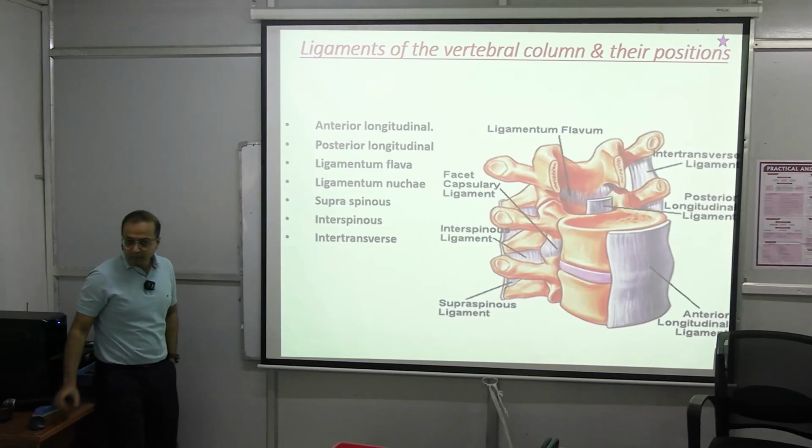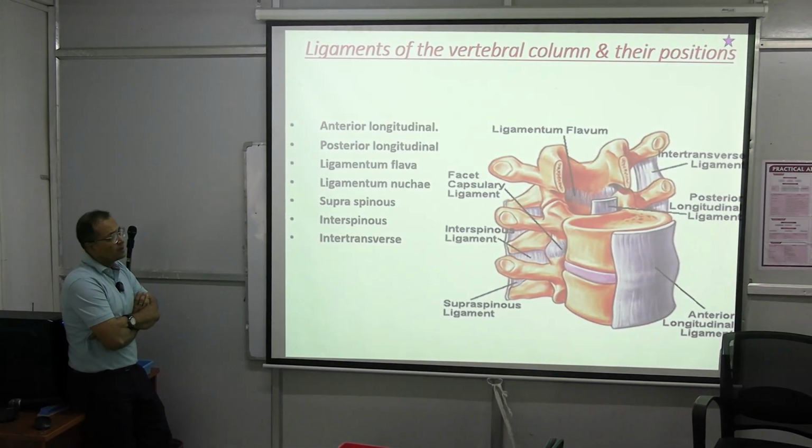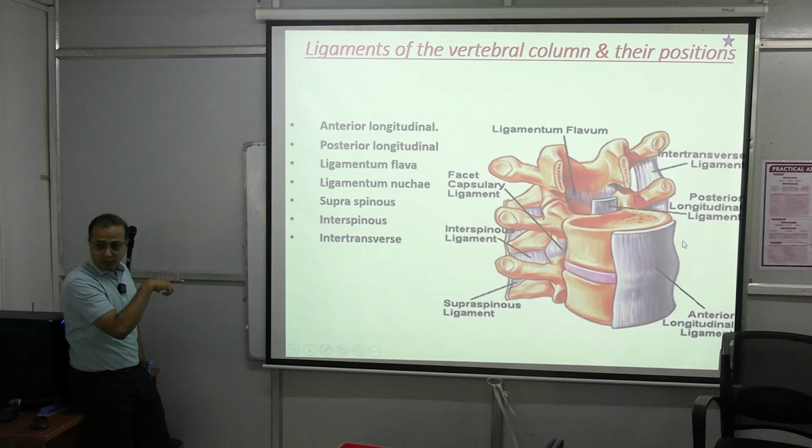These ligaments related to the vertebrae we have to keep in mind. Whenever you consider the vertebral column, you have to place it anterior and posterior. Anterior is the vertebral body, posterior is the spine or spinous process.